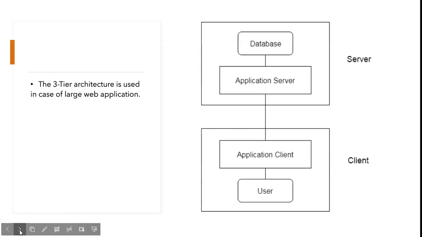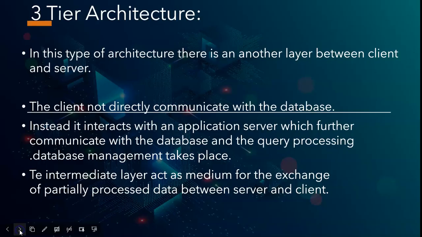So let's see, in this type of architecture, there is another layer between client and server. The client does not directly communicate with the database as we already saw in the three-tier architecture diagram.